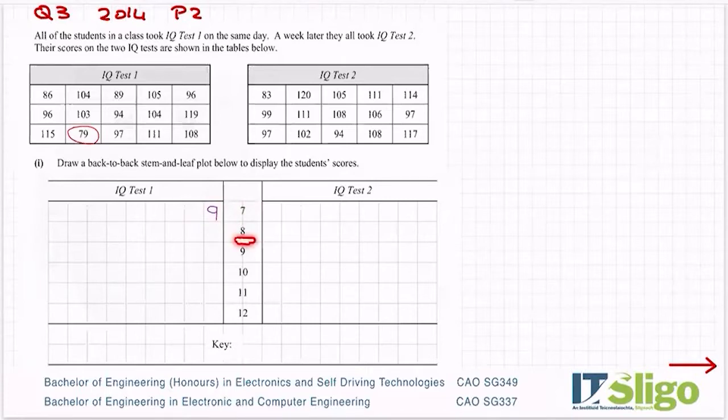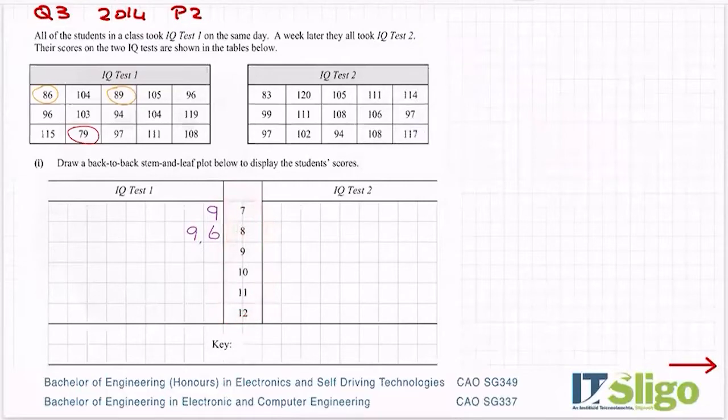Let's look for 80s. So I can see 86 there and 89. They're the two 80s. Yep, okay. So 86, 89. So the stem only ever appears once.